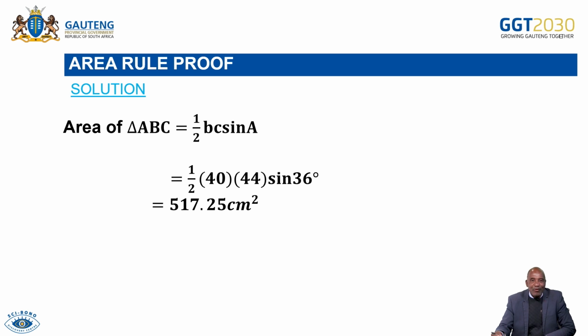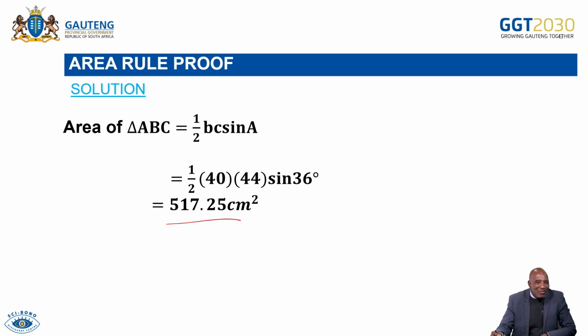It's going to be half of 40 multiplied by 44, as simple as all that, multiplied by sine 36 degrees, you are basically replacing. Then you press those things on your calculator and evaluate that directly. The answer becomes 517.25 centimeters squared.